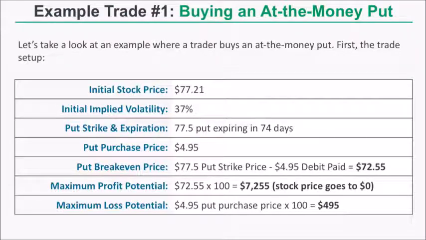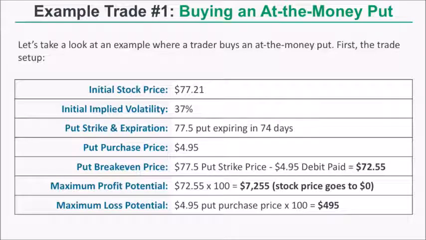We're going to pay a $4.95 premium for this put, which brings our break-even price to 77.5, the put strike price, less the $4.95 premium we paid, which brings us to a break-even price of $72.55. The maximum profit potential is $72.55 times 100, which is $7,255.